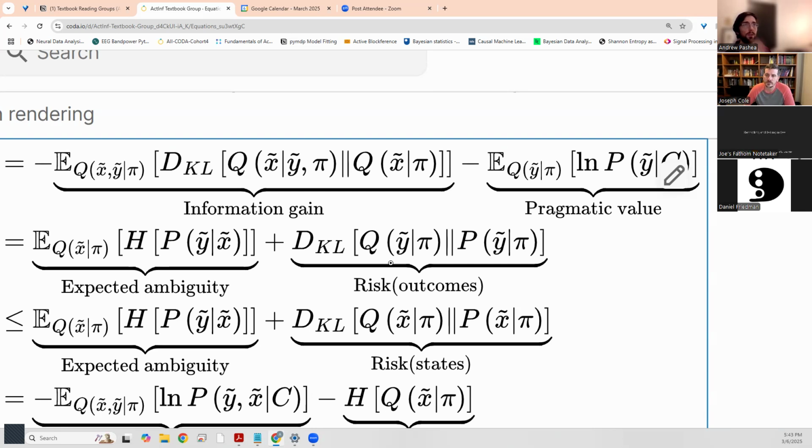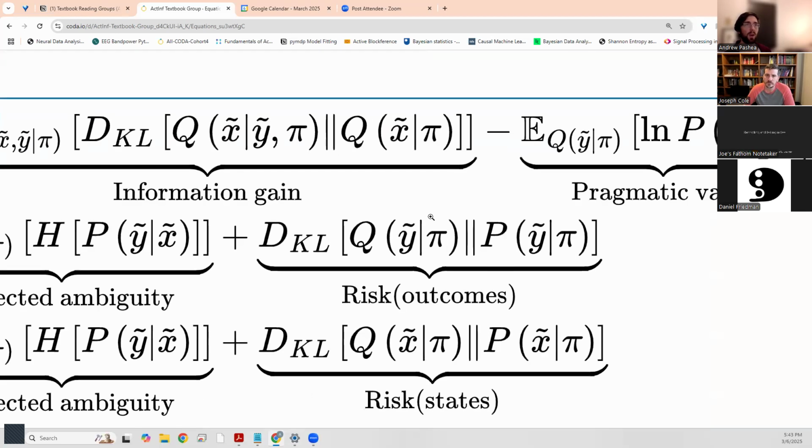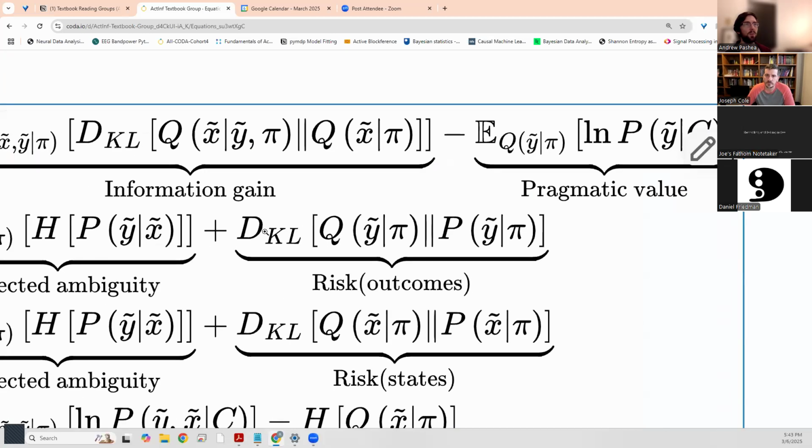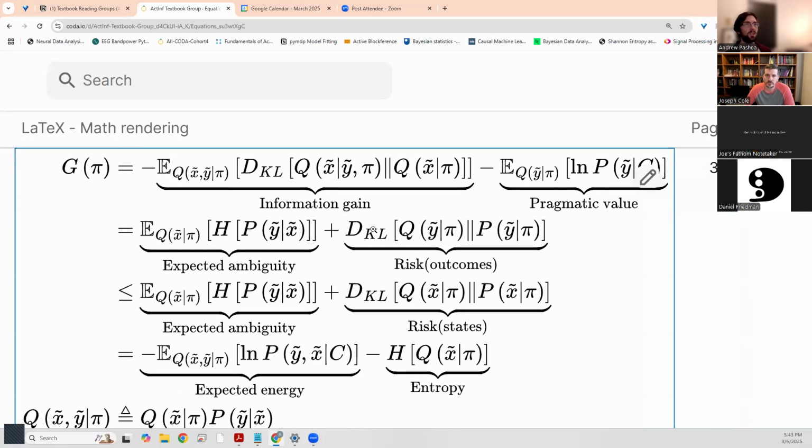So looking at risk, this is like your posteriors versus your priors: what do you believe right now about what you would expect to see versus what you believe after? What do I expect to see from what I do versus what I'm used to, and finding the KL divergence between those. And you want to minimize that, which is a little different.